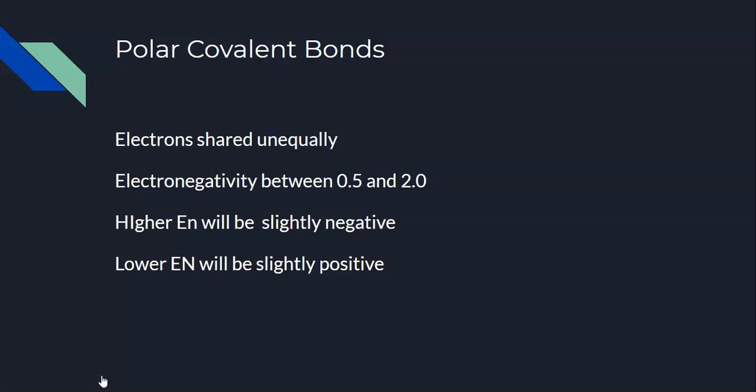So these are dealing with covalent compounds, and the electronegativity is going to be between 0.5 and 2. The higher EN will be slightly negative. The lower EN will be slightly positive. So if you're close to 2, you're going to have a slightly negative charge. If you're close to 0.5, it's going to be slightly positive.